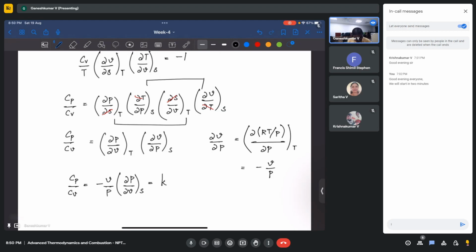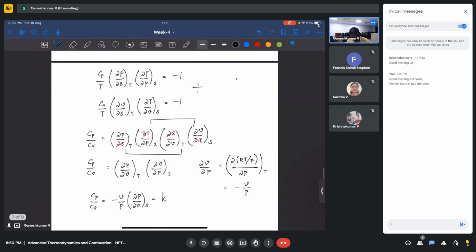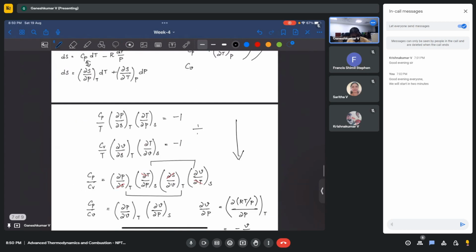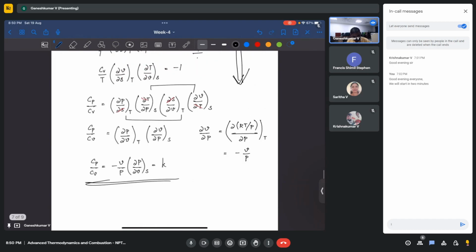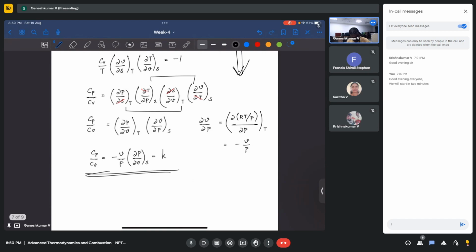Please complete this proof. If you follow this path again, you can complete this proof, and let me know whether you are able to get this. There might be some algebraic mistake here. So this is at temperature; this might be at entropy, and this might be temperature.